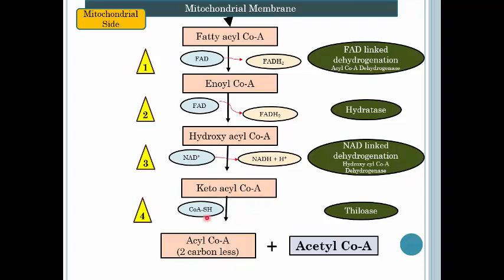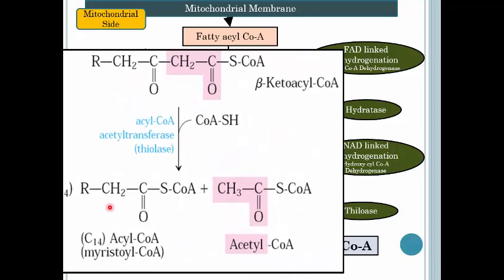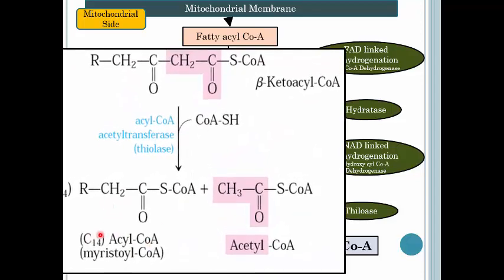So here with thiolase, the thio group is added, and it has formed one molecule of acetyl-CoA, which is a 2-carbon compound, and one molecule of acyl-CoA, which is 2 carbons less compared to the parent compound. So when we talk about palmitic acid, it will form one molecule of acetyl-CoA and one molecule of acyl-CoA of 14 carbons.